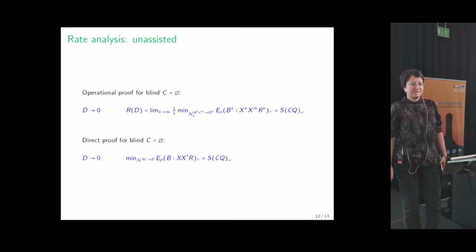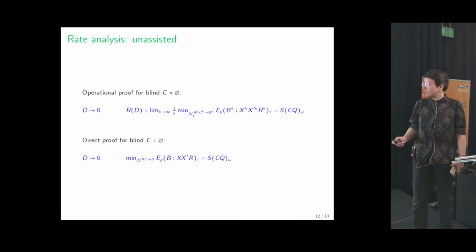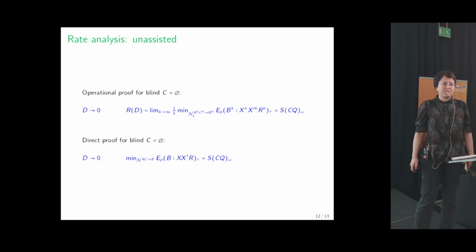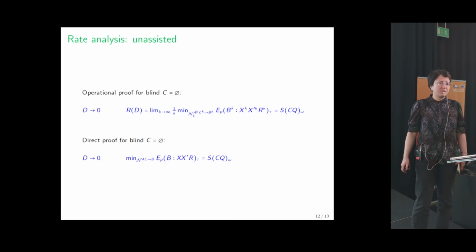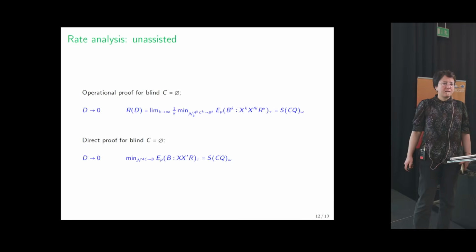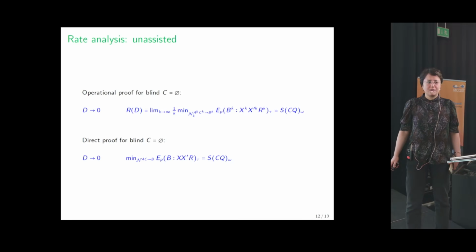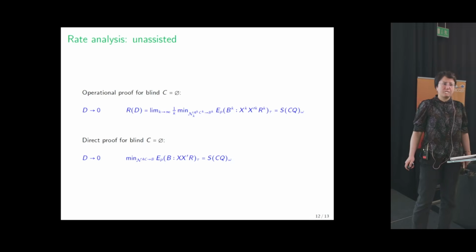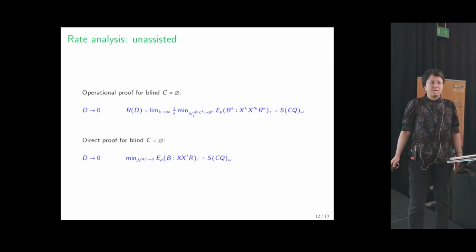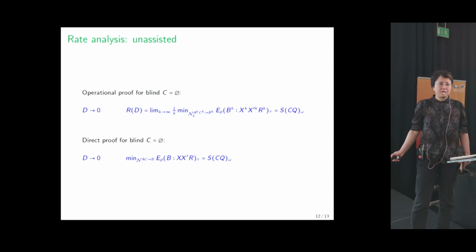Do you have any intuition on why it is not additive? I have done some calculations showing that this resembles minimum output entropy, and the minimum output entropy is already known to be not additive. So I have some hints from there, and there are also some numerical simulations suggesting it's not additive, but these numerical suggestions could have errors.